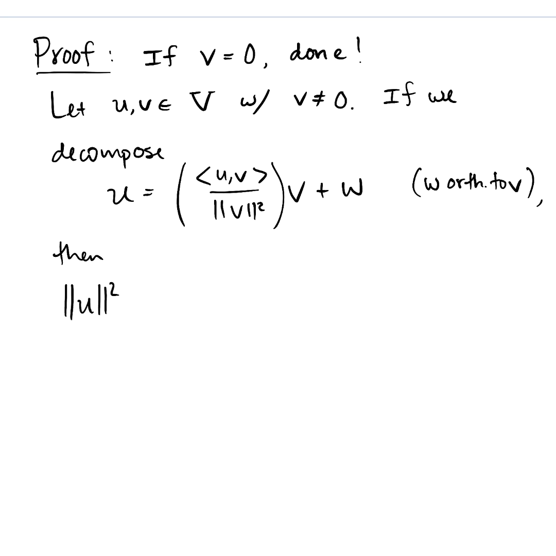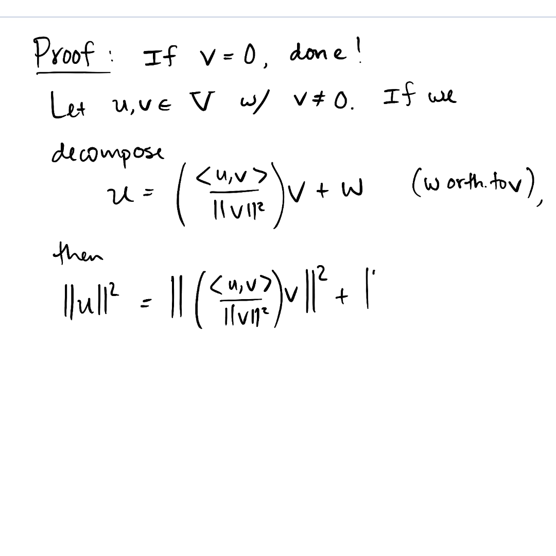By the Pythagorean theorem, since u is a sum of two vectors that are orthogonal to one another, the square of the norm of u is nothing other than the square of the norm of the first vector, which is inner product uv divided by norm v squared. Note, dividing by norm v squared is legit here because we're assuming v is non-zero.